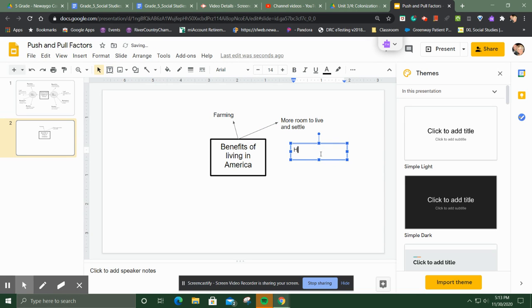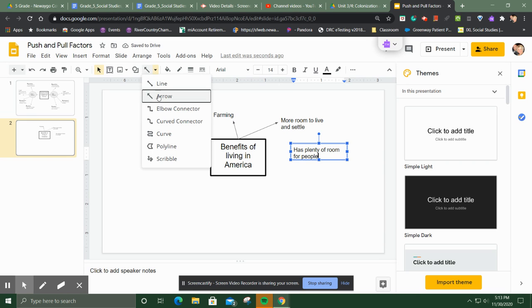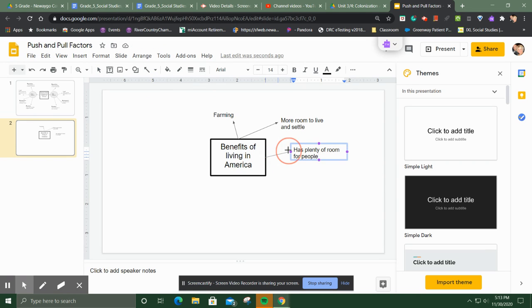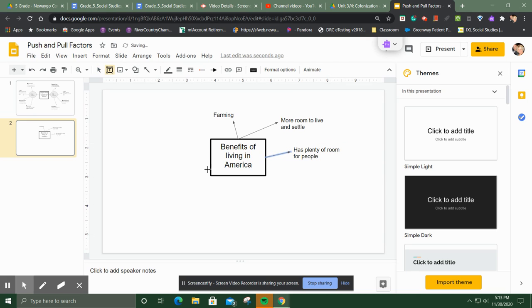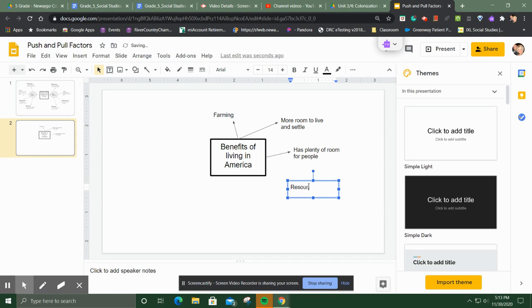Another reason people wanted to move to America is it has plenty of room for people. We have and still have plenty of resources.